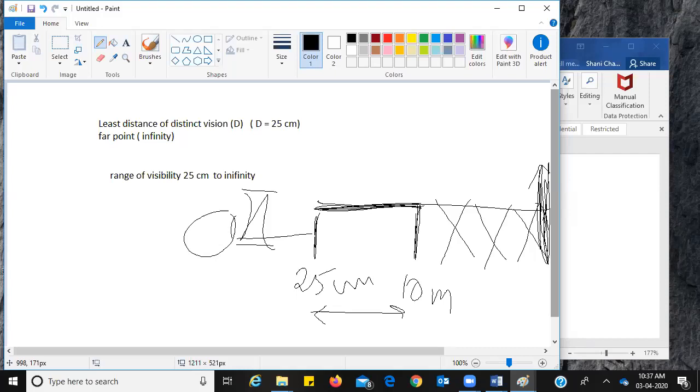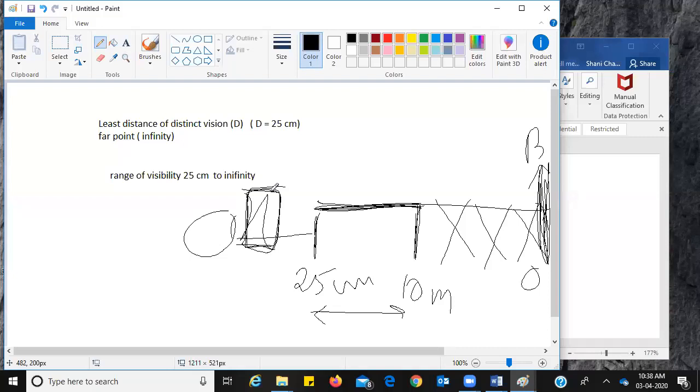The first object is not the object for your eye. This is the object for the first lens, which is the specs lens, and that forms an image, right?